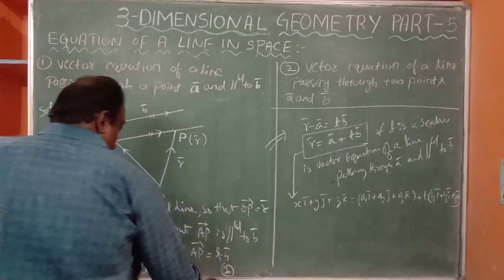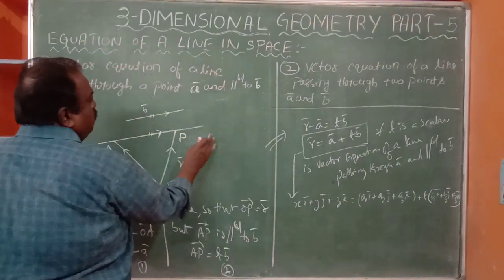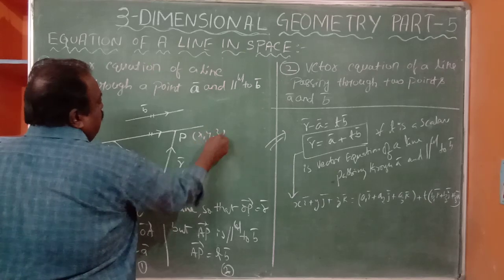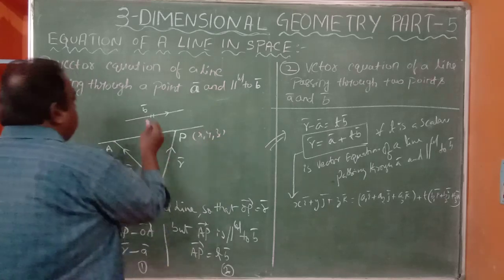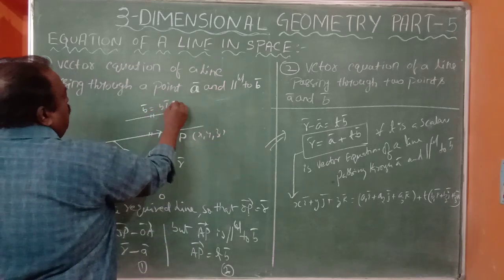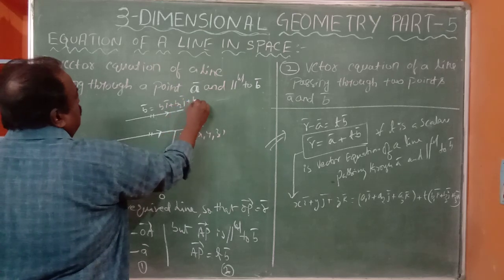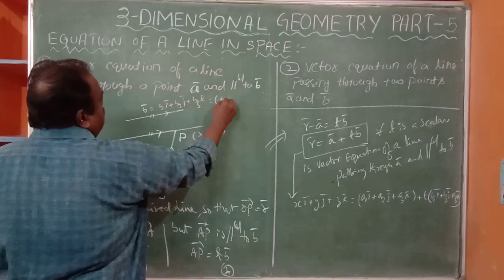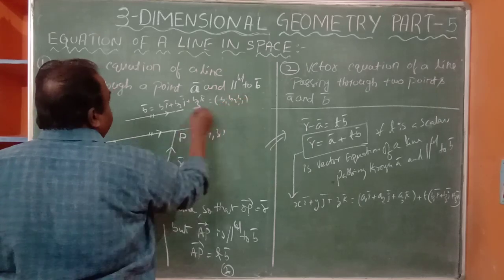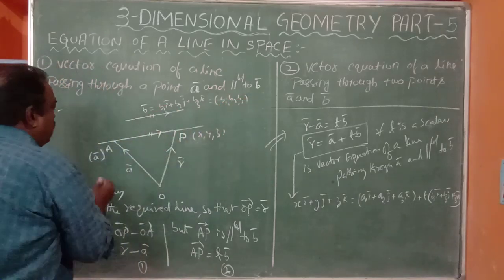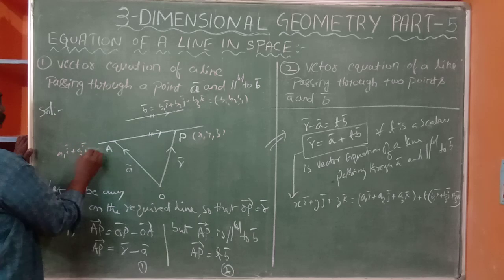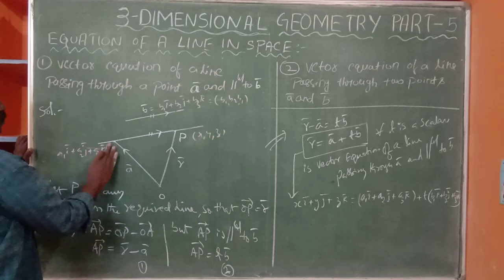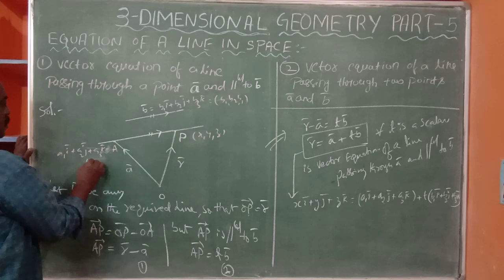Here P is x comma y comma z, a point, that is, P bar is xi plus yj plus zk. B bar is simply B1i, B2j, B3k, that is nothing but B1, B2, B3. A point like this: A is A1i plus A2j plus A3k, that is, simply A1, A2, A3.